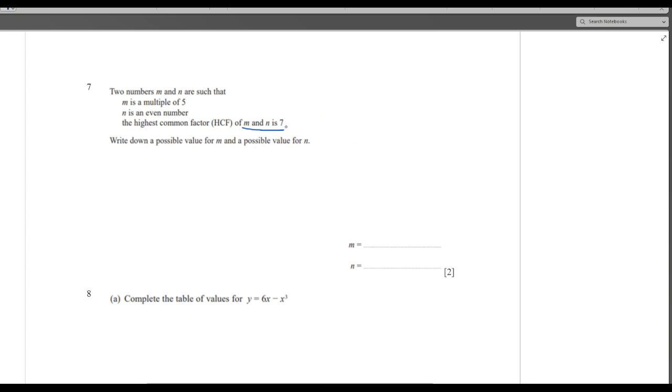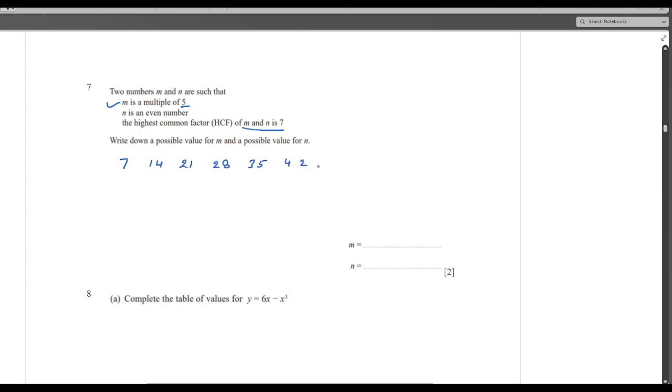So as 7 is the highest common factor, that means m is a multiple of 7 as well as a multiple of 5, and n is a multiple of 7 and an even number. So if I write the multiples of 7, they are 7, 14, 21, 28, 35, 42 and so on.